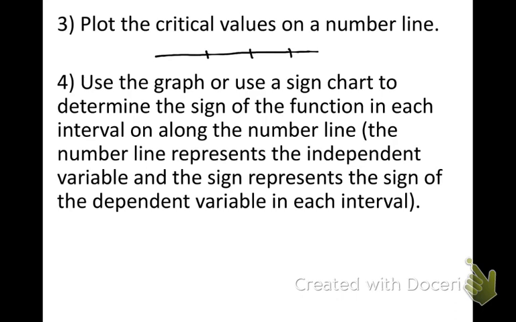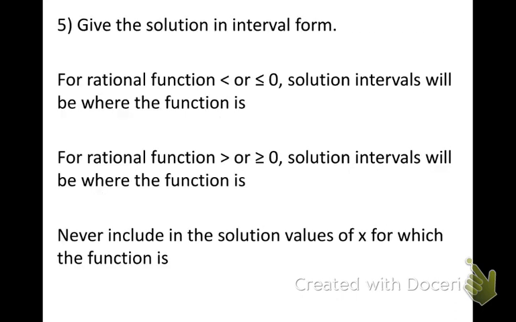And then step 5 is going to be to give the solution. When we give the solution, if my rational function is less than or equal to 0, our solution intervals will be where the function is negative. Remember, less than or equal to 0, we're looking below that x-axis. If my rational function is greater than or equal to 0, the solution intervals will be where the function is positive.